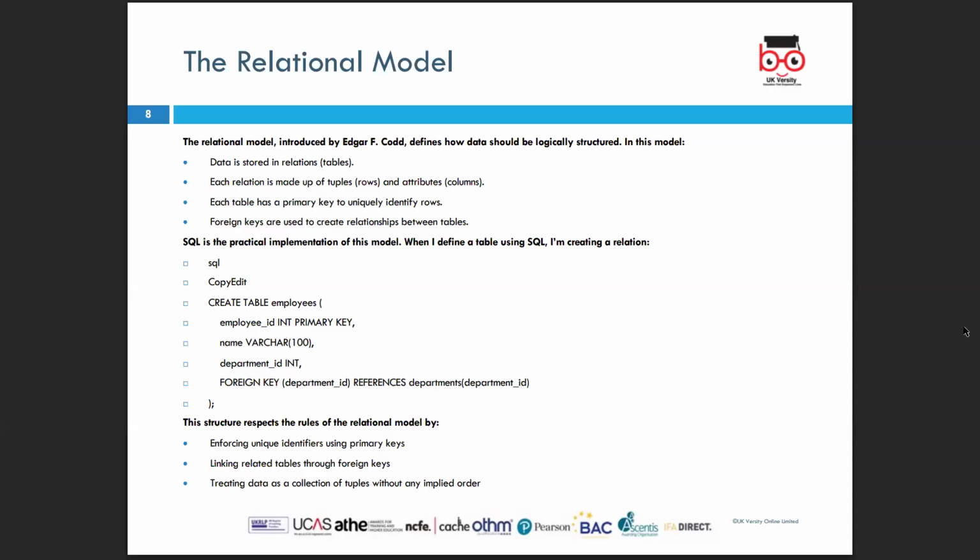Each table has a primary key, a unique identifier for a row. And then foreign keys are used to create relationships between tables. So we now know that SQL is the practical implementation of this model. When we define a table using SQL, we're creating a relation.